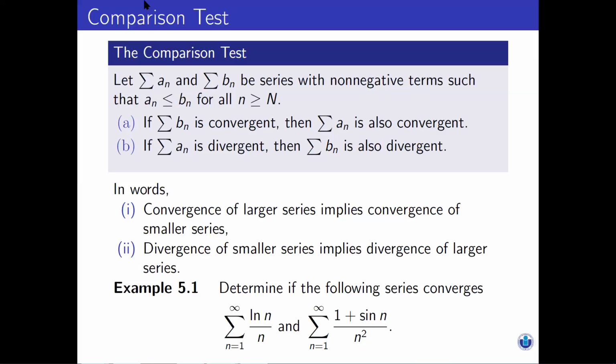Okay, let me show you how to do this then. So first, let's notice that we only need this inequality to hold for large n. This is in the same spirit that I mentioned earlier: the convergence of a series only depends on its behavior at infinity. So for this series, you can check that log n over n is bigger than 1 over n if n is bigger than 3, right?